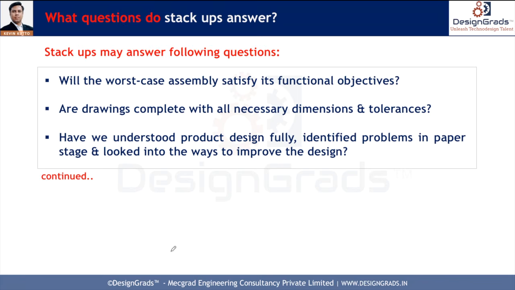We can easily check whether we are meeting clearance or interference requirements or not. If we're not meeting, we can easily modify the design and make sure that our design is robust. It is also going to help us identify the relationship between contributing dimensions and the output, which will eventually help us understand our design in depth.